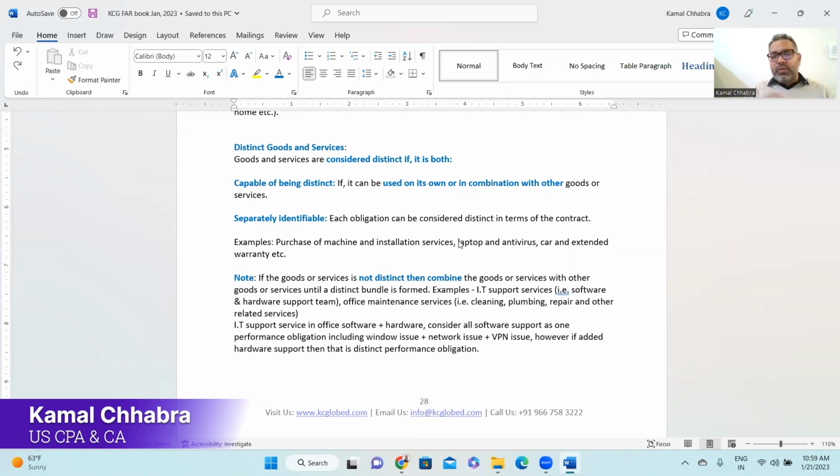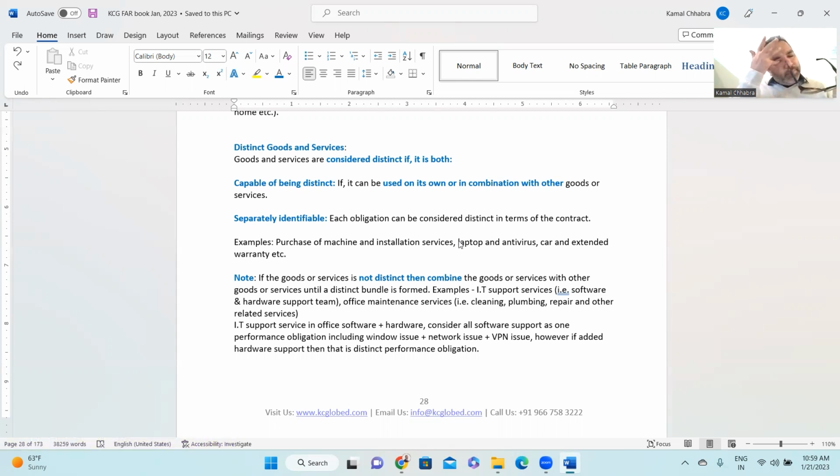Extended warranty also can be sold independently, and it can be sold along with the sale of the car. But extended warranty is capable of being distinct, and it can be a separately identifiable performance obligation. So that is called listing goods and services, when two goods and services are separately identifiable and capable of being distinct. Make sense?